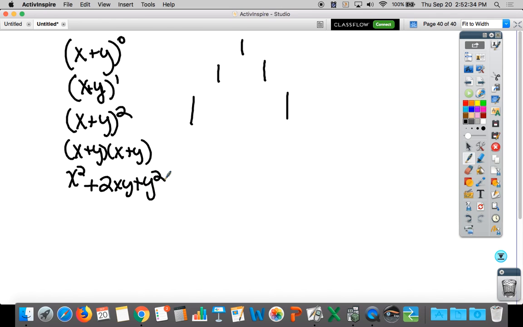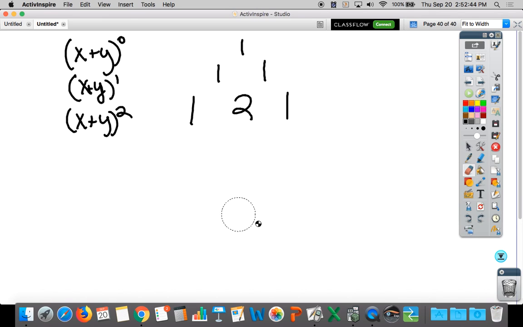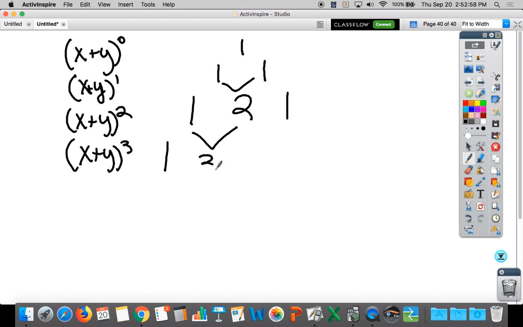So what are my coefficients here? 1, then 2, then 1. Okay. So I'm not going to expand the third one. I'm going to show you the coefficients. What's the first one? Add those two. Add those, you get 1.